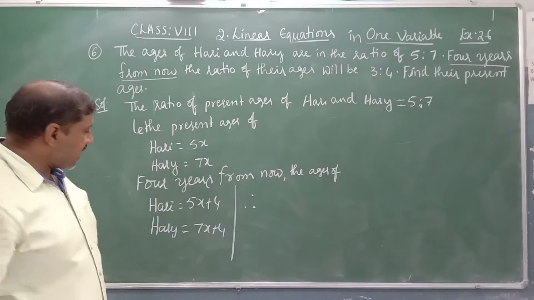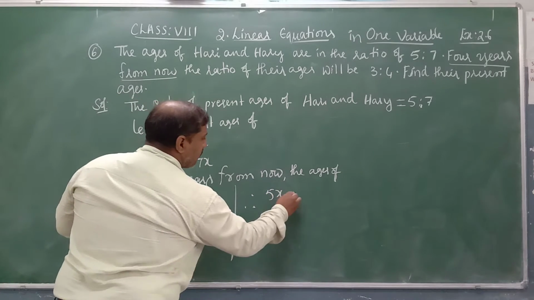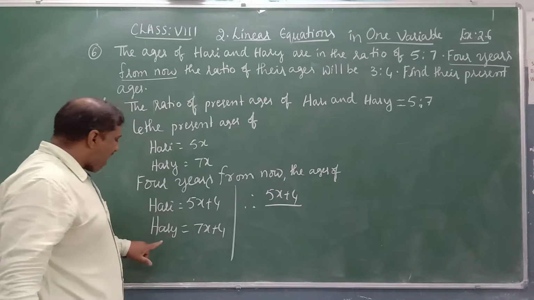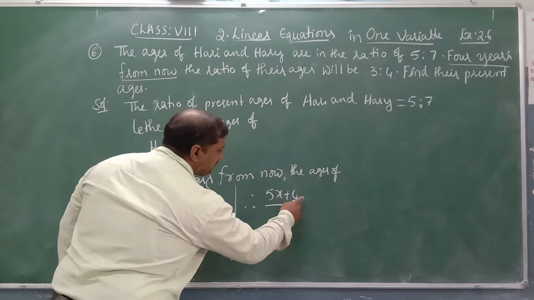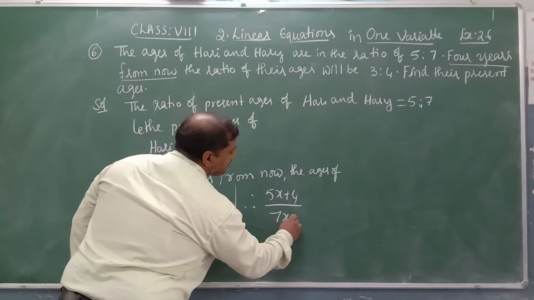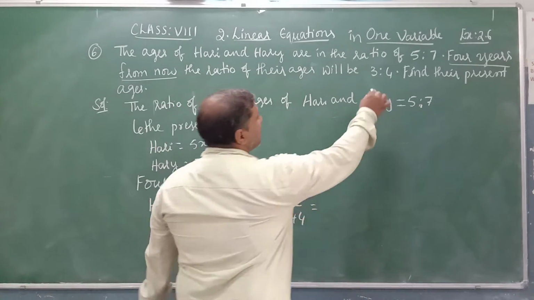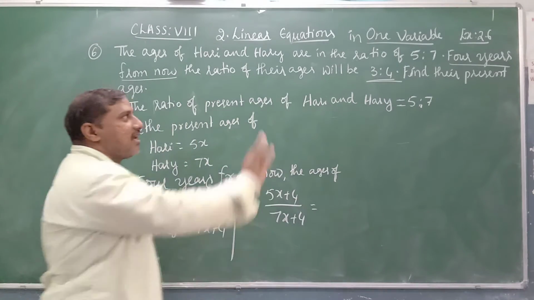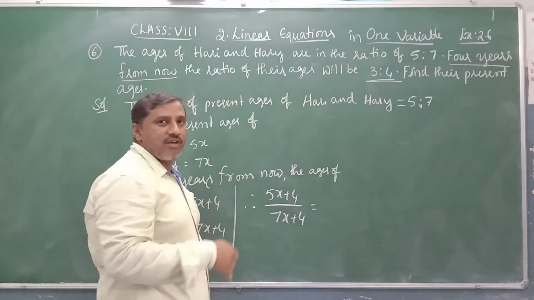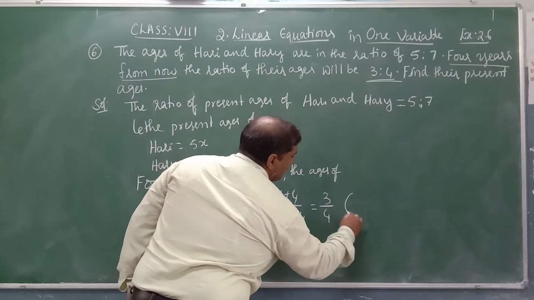The ratio of the age of Hari, 5x + 4, to the age of Harry, 7x + 4, is (5x + 4) divided by (7x + 4). This ratio is given as 3:4. The ratio can be written in the form of a fraction: 3:4 means 3/4.